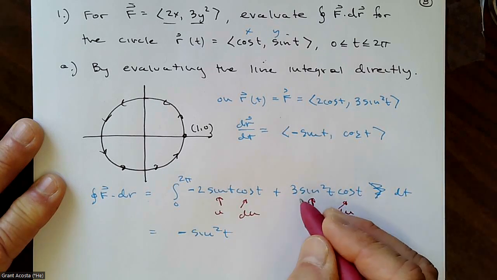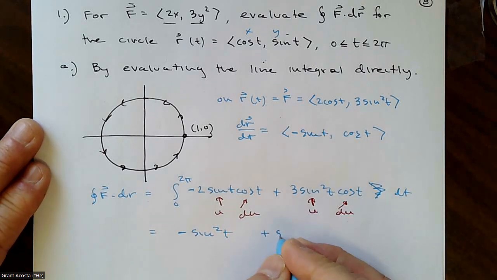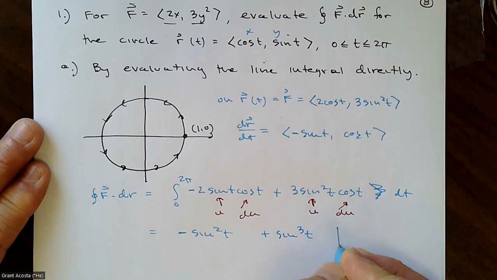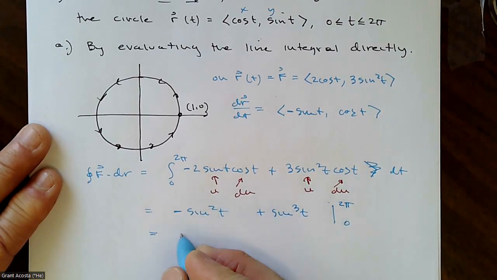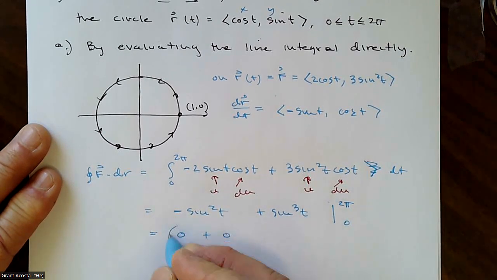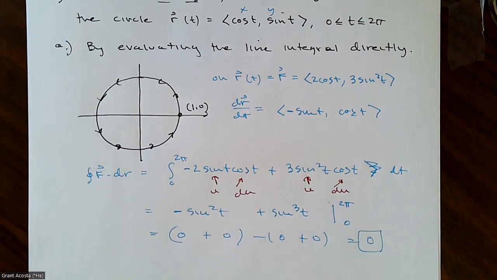So this looks like 3u squared du, which integrates to u cubed. Plugging back in, this will be sine cubed. If I go from 0 to 2 pi, sine of 2 pi is 0, so I get 0 plus 0. Plug in the 0, I get 0 plus 0. I get an answer of 0.